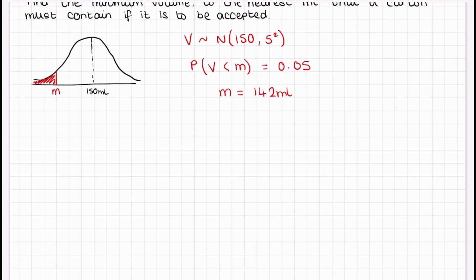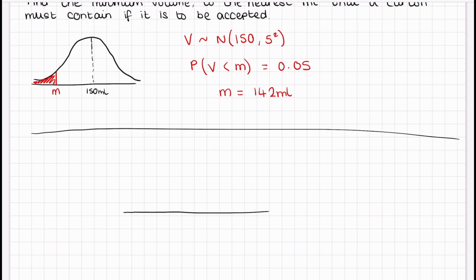Now I haven't shown an example here, but really quickly, if you were given a question where we'd have a normal distribution and it told us that the probability of X greater than x equals 0.2 or 20%.